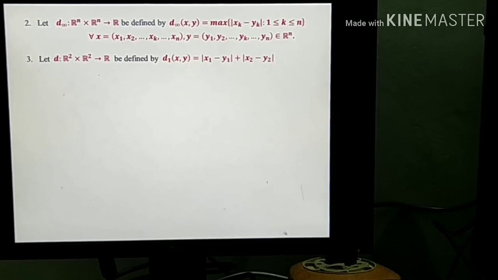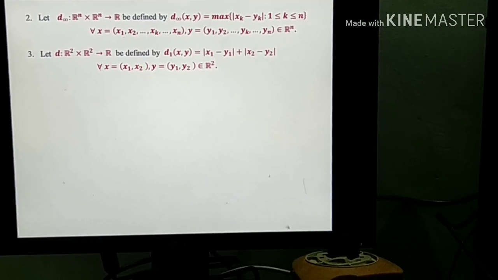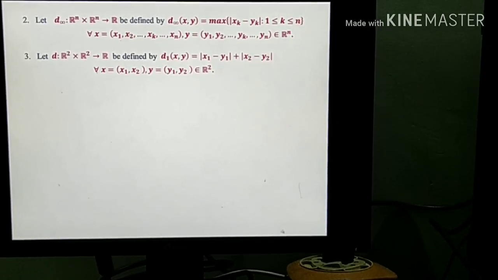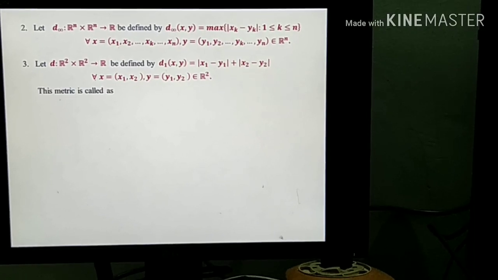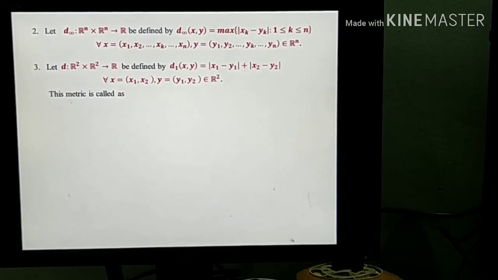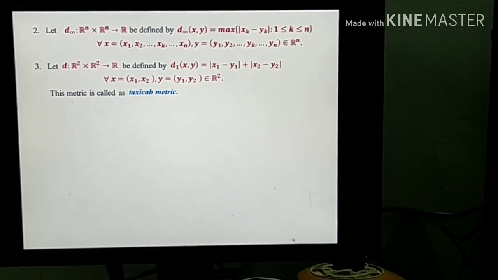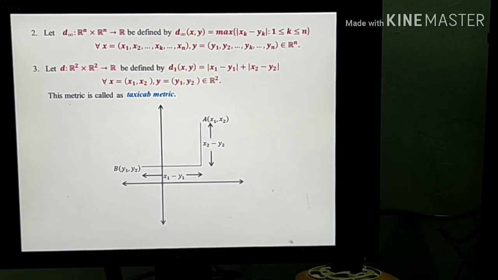The beauty of this metric is that when we observe it diagrammatically, the distance d(x,y) is equal to mod x1 minus y1 plus mod x2 minus y2, and that diagram looks like a cab.